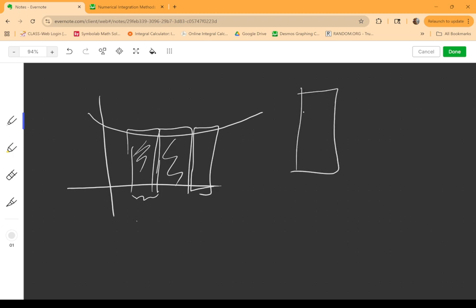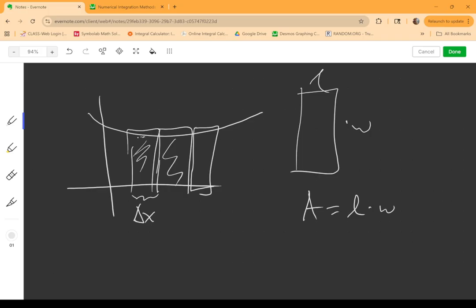first of all, for any rectangle is length times width. These rectangles will all be of the same width, which we'll call delta x. The height is going to vary, of course, depending on the function.